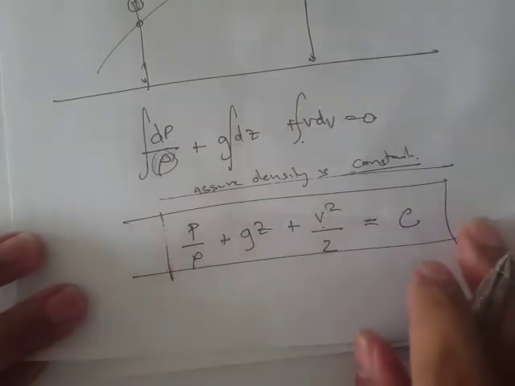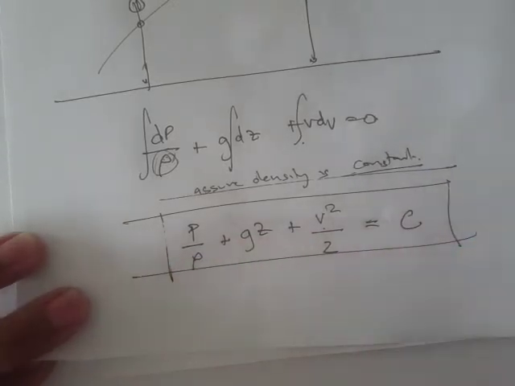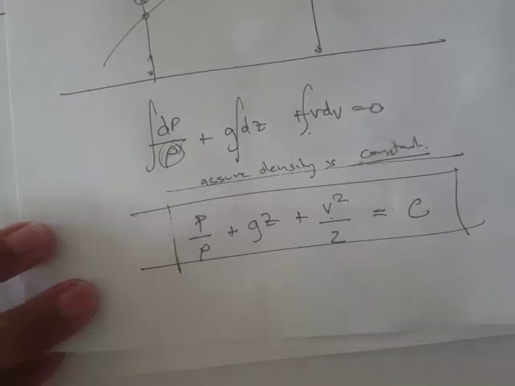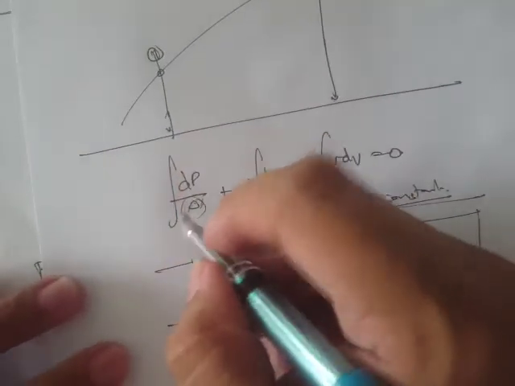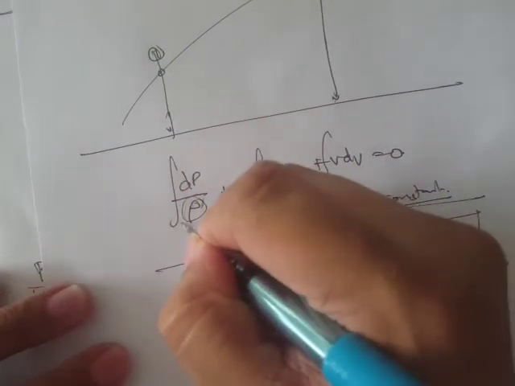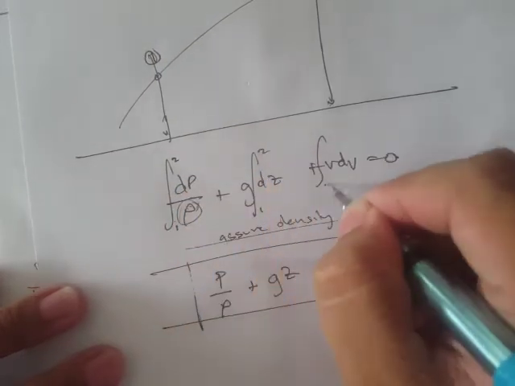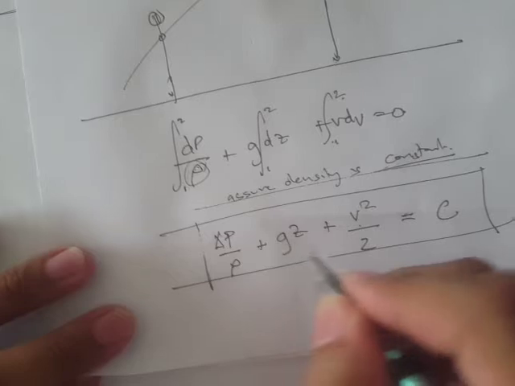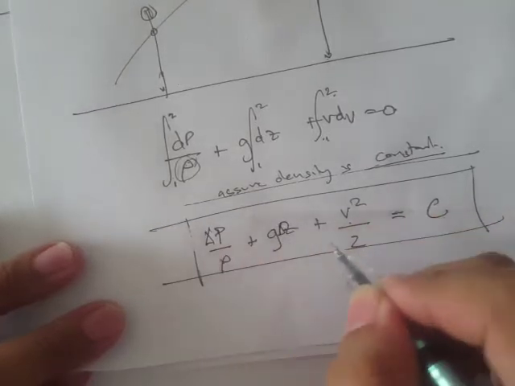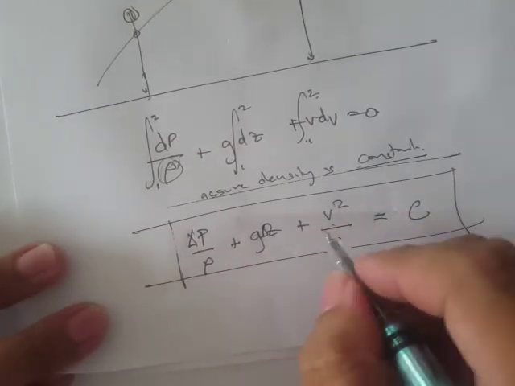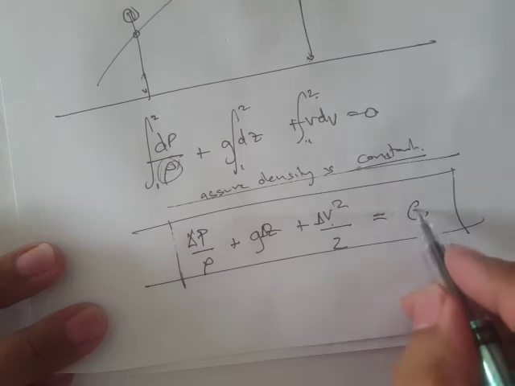Okay, so what this means is that if we want to incorporate the limits, from point 1 to point 2, then this will be delta P, this is delta Z, and then this will be delta V squared, right, is equal to 0.